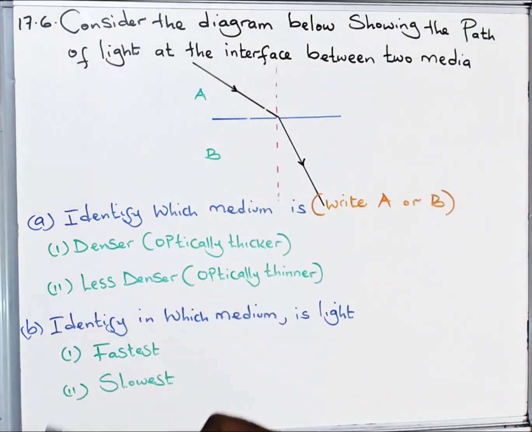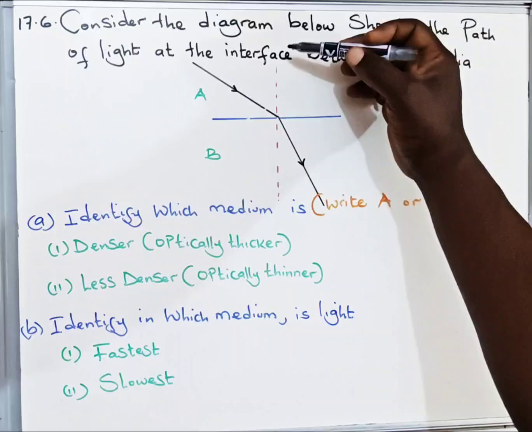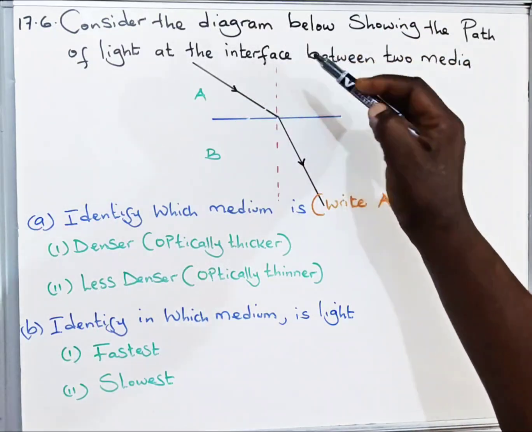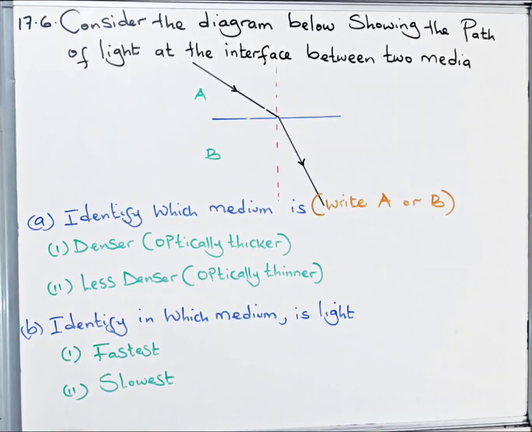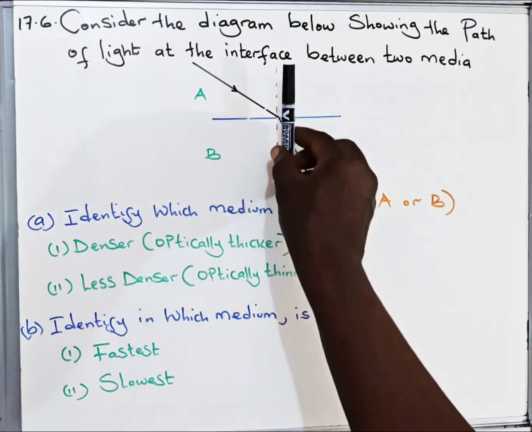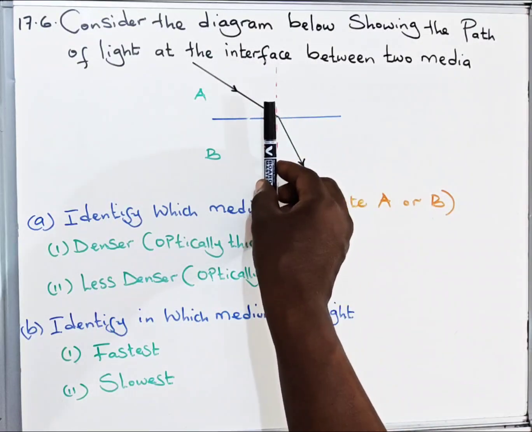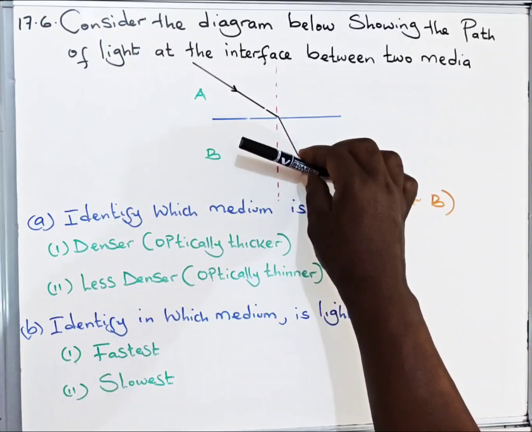You look at the path. Take note that this imaginary line meeting the interface at 90 degrees is the normal. So this normal line is the gauge to tell us whether this medium is thicker or lighter.